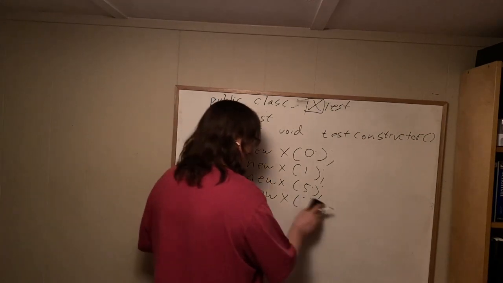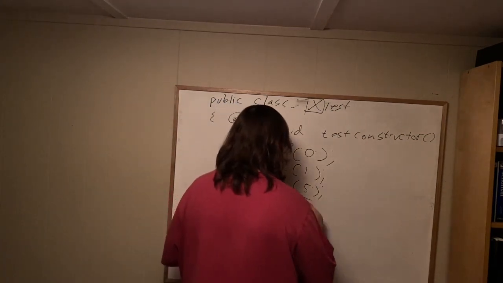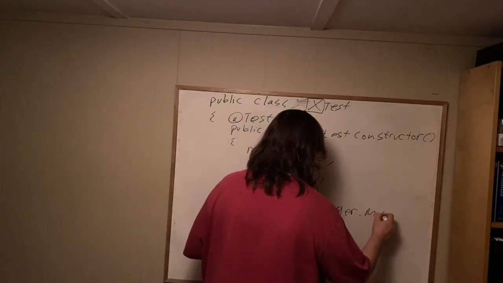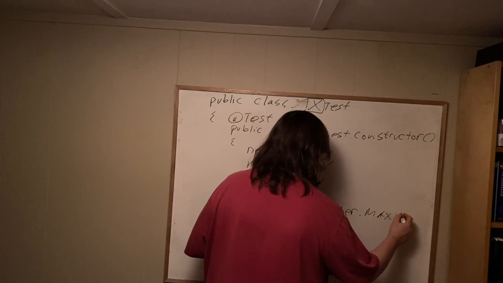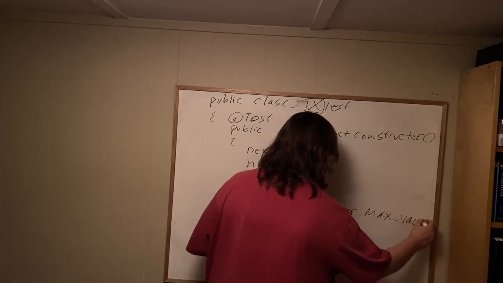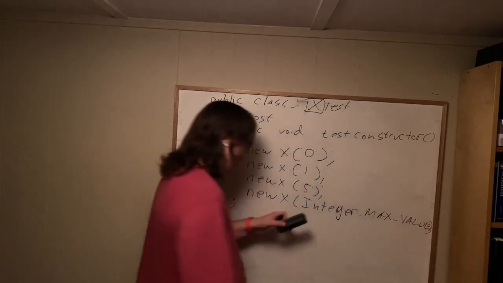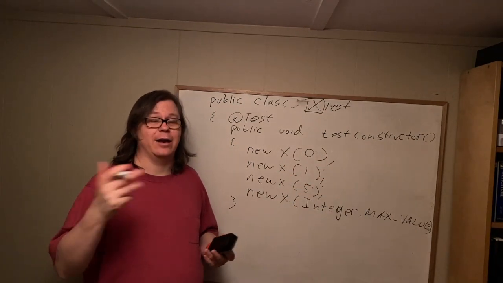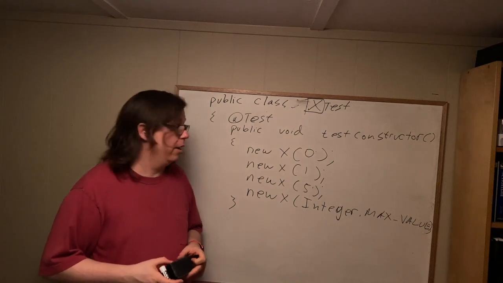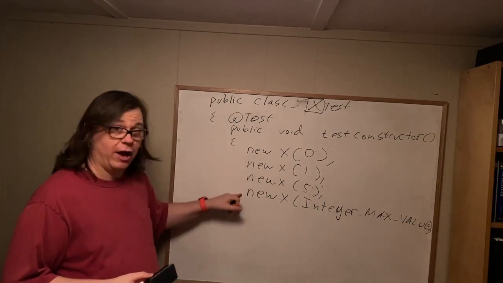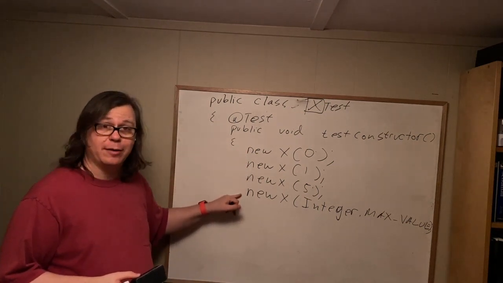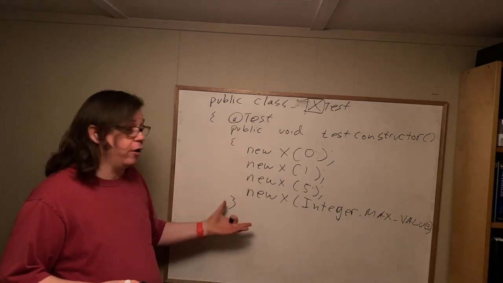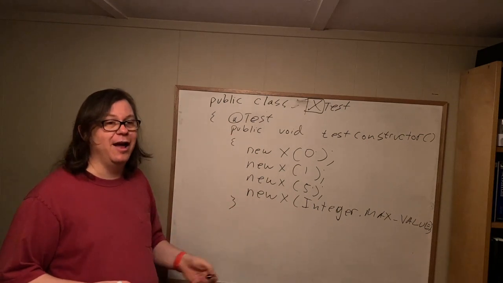And instead of 7, what I'd probably use is the max value, the highest possible integer, and I do integer max value minus 1, which would be the second highest possible integer. And I'm not even assigning those anything, I'm just making sure that they don't throw an exception. I don't care about anything beyond that. They should all succeed. When I read the code, I can look at that and go, those should all succeed.